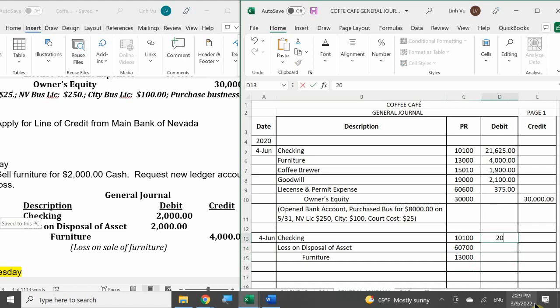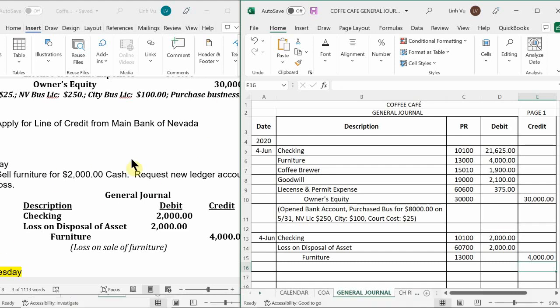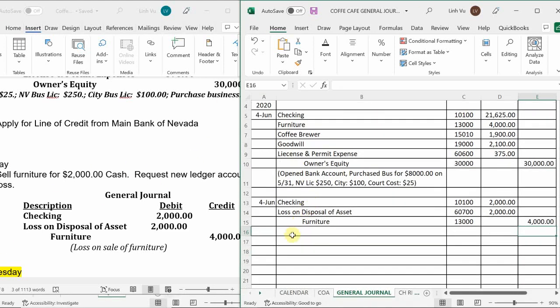So again, I gained $2,000. I lost $2,000. And this should be equaling, right? You could use your formula here. It should equal to $4,000 credit. Okay. Last thing I need to do here is pretty much say that loss on sale of furniture.